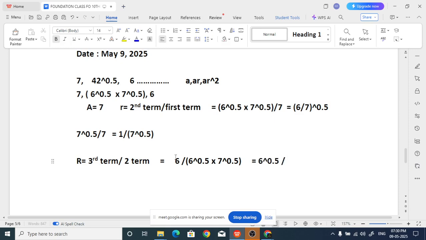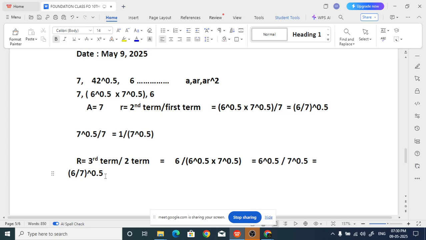In the denominator you will have the same 7 to the power 0.5. So in other words, this can be written as 6 by 7 whole power 0.5. So here in this case R we find is root of 6 by 7. Here again we have got root of 6 by 7. So R remains same. So that is a geometric progression.